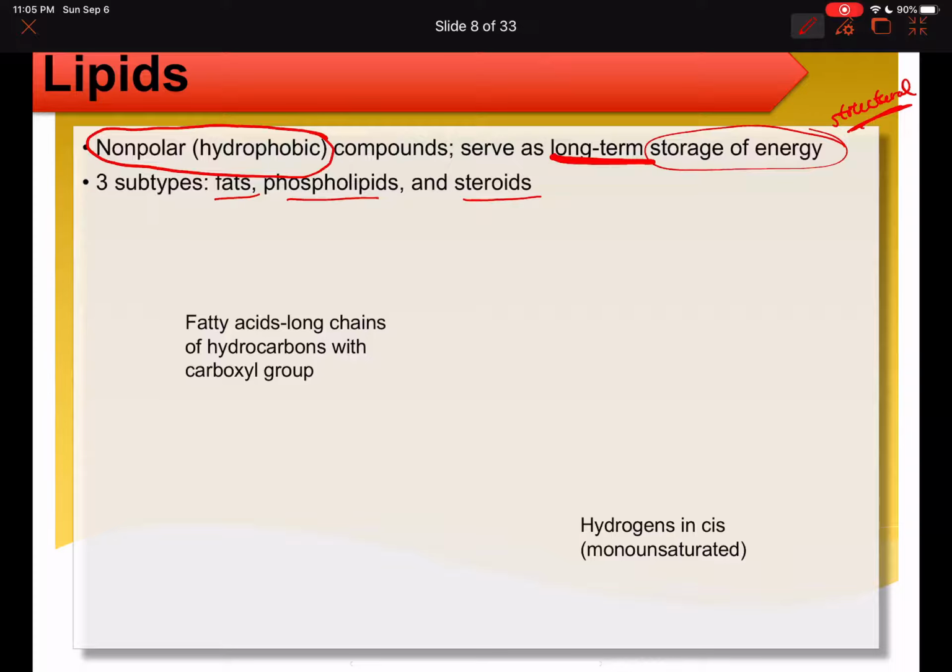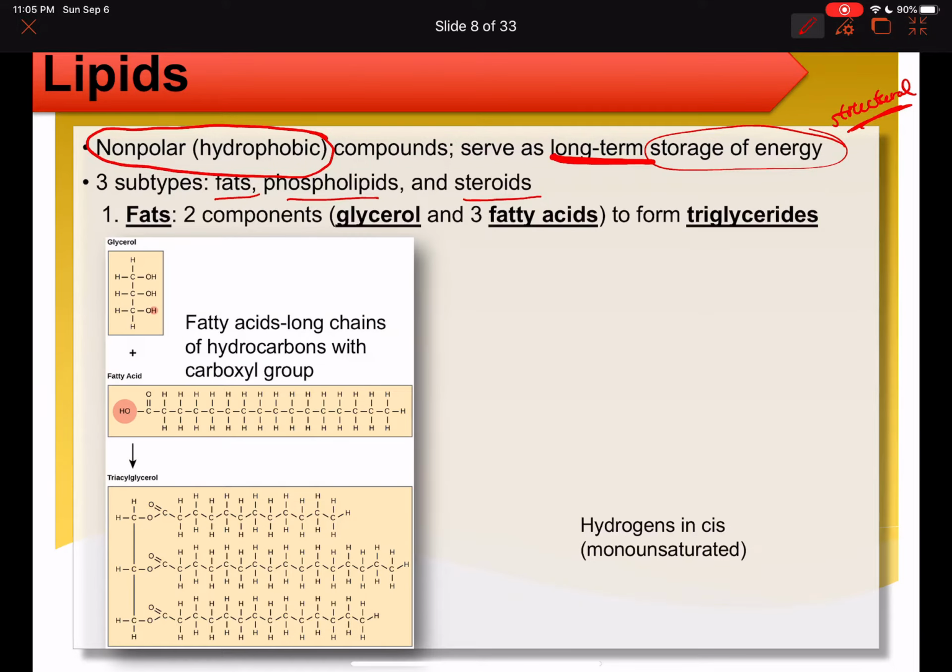And these 3 subtypes are quite different from each other. So make sure you're very clear which is which, what they look like, and what some key features are that you can identify them by. So let's start with fats. Fats are usually made up of 2 different components.